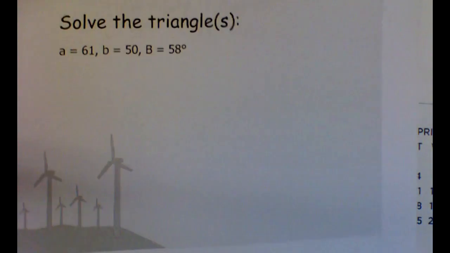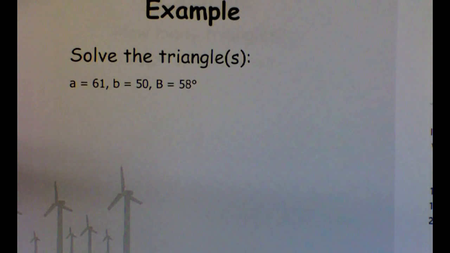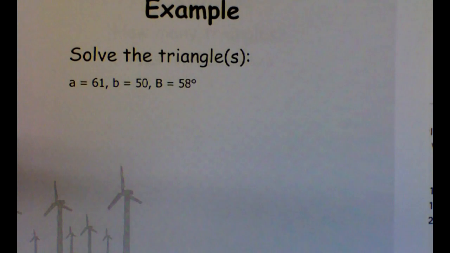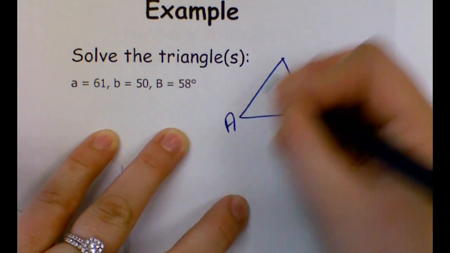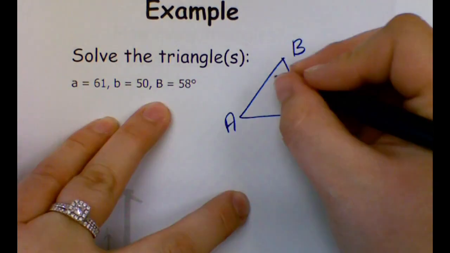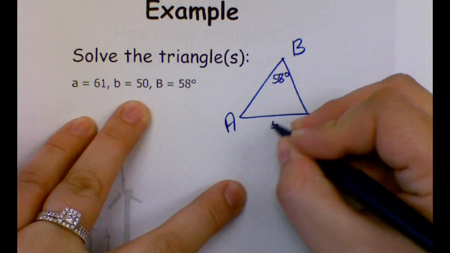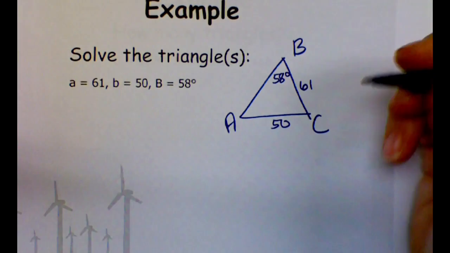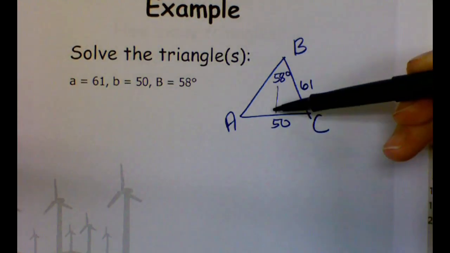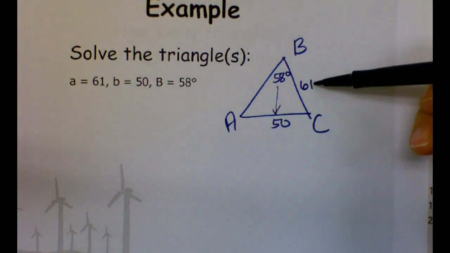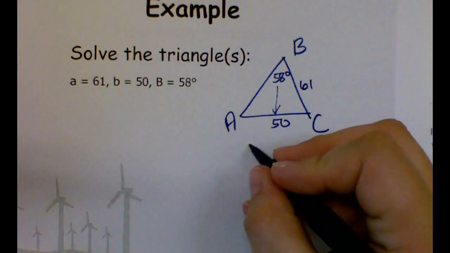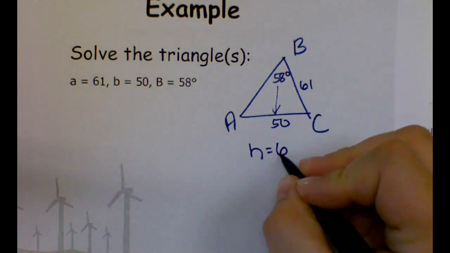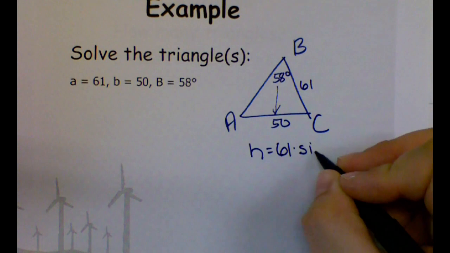So this problem says solve the triangles. We're just going to calculate how many triangles there are. First thing to notice, we are given angle, side, side. I always like to draw myself a picture. Label everything I know. All right. The side across from the angle is smaller than the other side, means we have to find H. H is the other side times the sine of my angle.